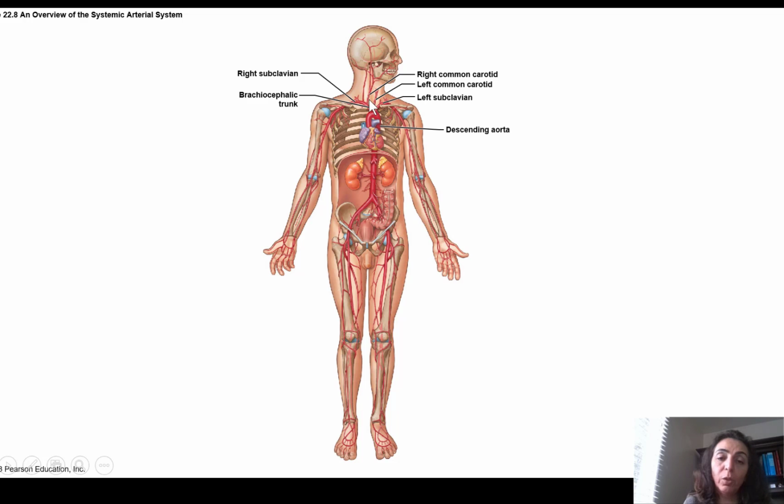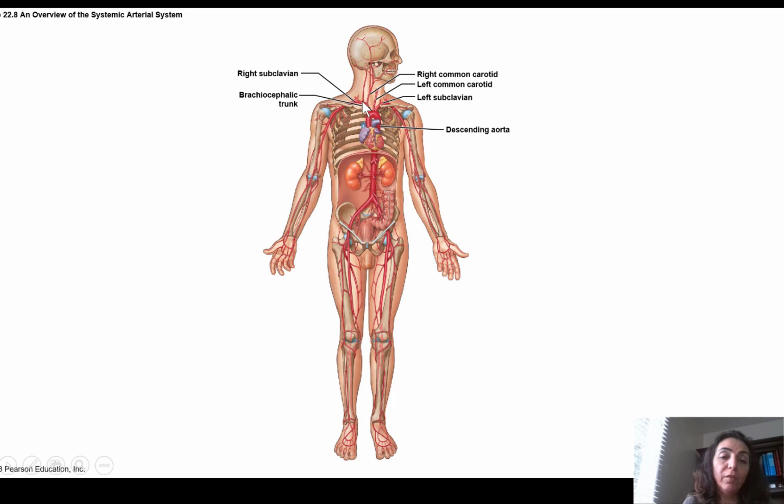That's why we call the beginning as common, right? So the external carotid arteries are smaller branches, goes over the external surface of the head and neck, and internal carotid artery continues and goes toward the brain and supplies the brain.